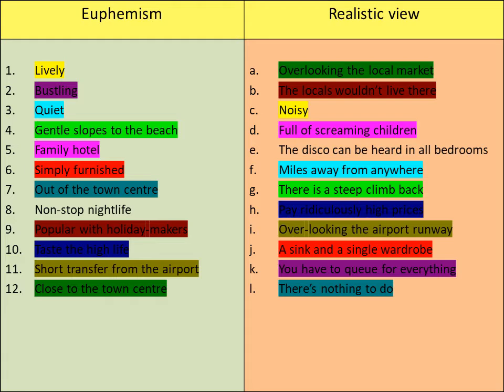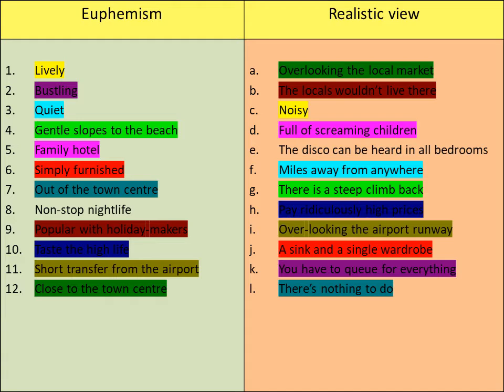Lively is a euphemism for noisy. Bustling is a euphemism for you have to queue for everything. Gentle slopes to the beach, euphemism for there's a steep climb. Quiet, euphemism for miles from anywhere. Family hotel, full of screaming children. Simply furnished, a sink and a single wardrobe.